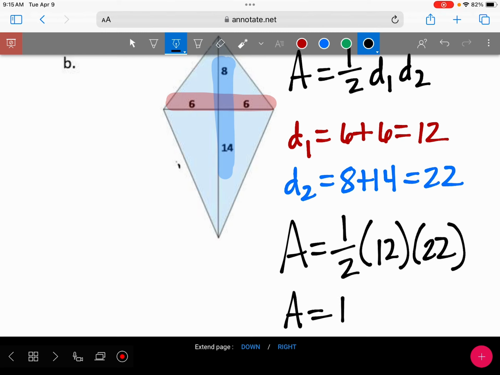And you get, what did you get? 132. Who got 132? Okay, good.